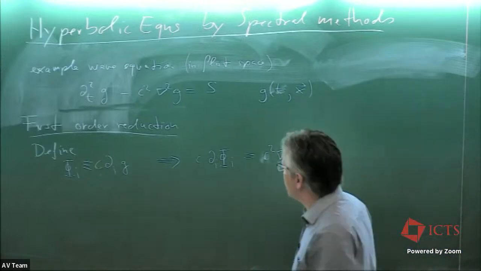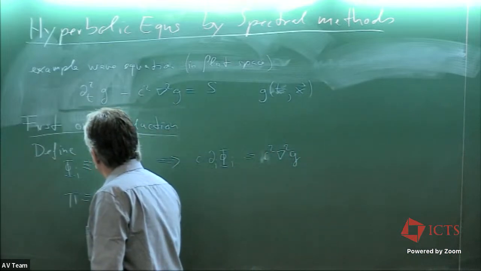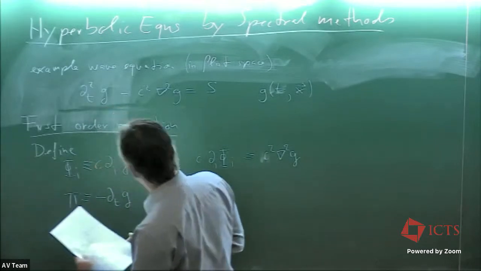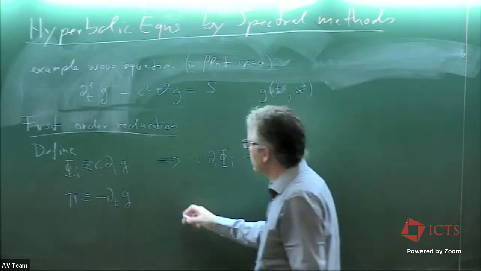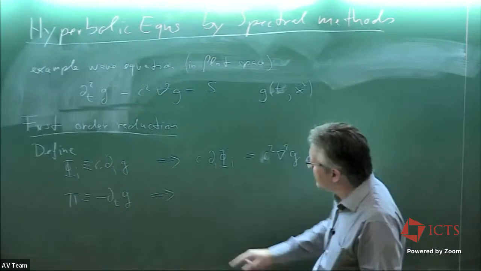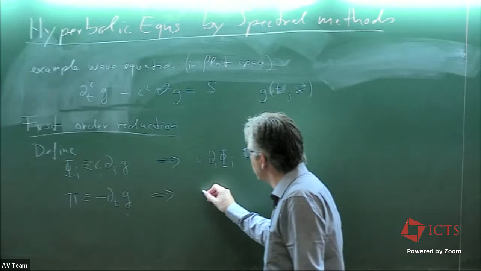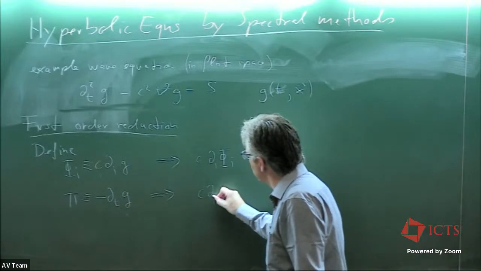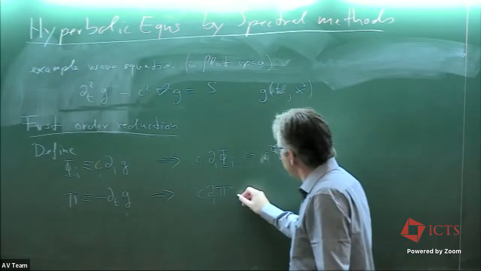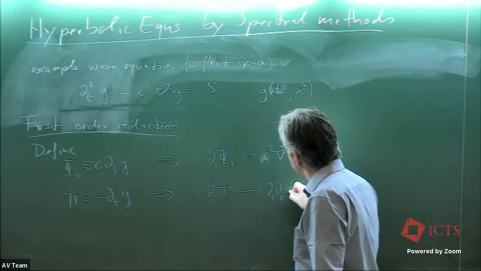The second variable I'm defining is pi as minus the time derivative of g. And if I'm taking this expression here and take a gradient of this equation, I can get out of this that c times the gradient of pi is equal to minus c times di dt g.